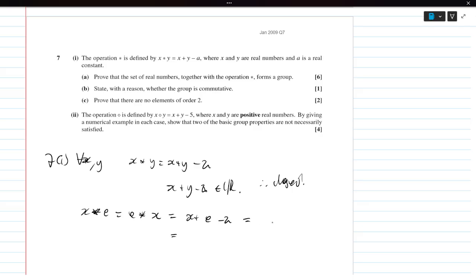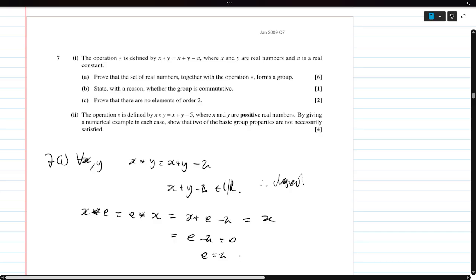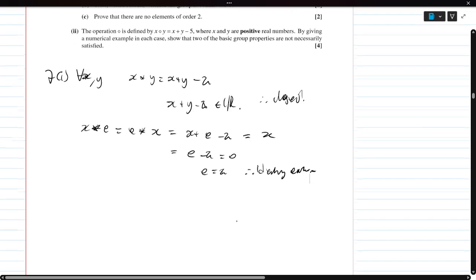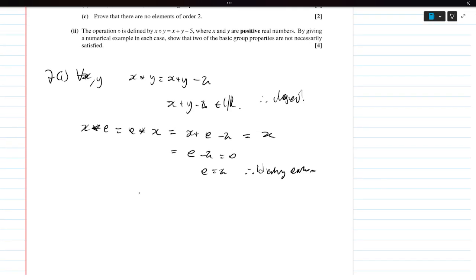x plus e minus a, it doesn't matter. It's commutative, so it doesn't matter, I think. Which is equal to x plus e minus a equals x, so e minus a is equal to 0, e is equal to a. Okay, so the identity is a. Identity exists. My handwriting is getting worse and worse.